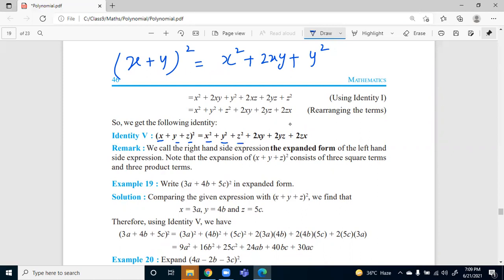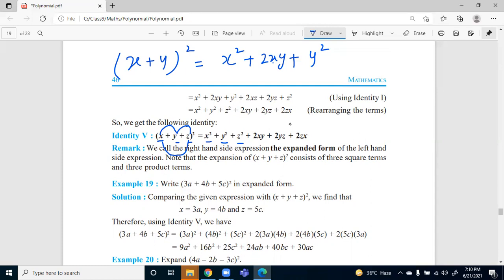Then multiply two terms together by 2: 2 into xy plus 2 into yz plus 2 into zx. It is very simple to remember. Just expand whatever you know for 2 terms, the same is applicable for 3 terms also. Square all the 3 terms and then multiply two terms together with 2.